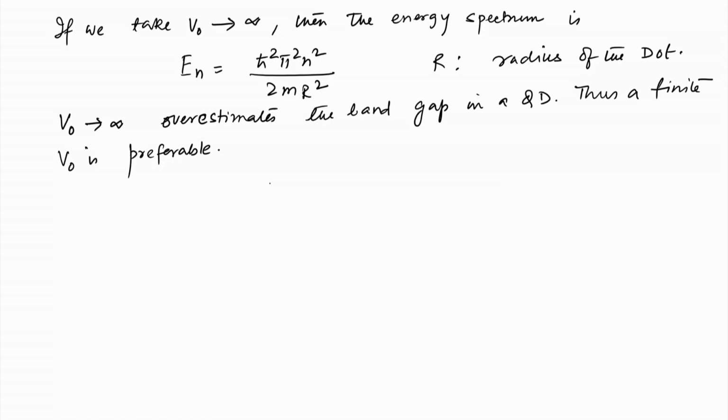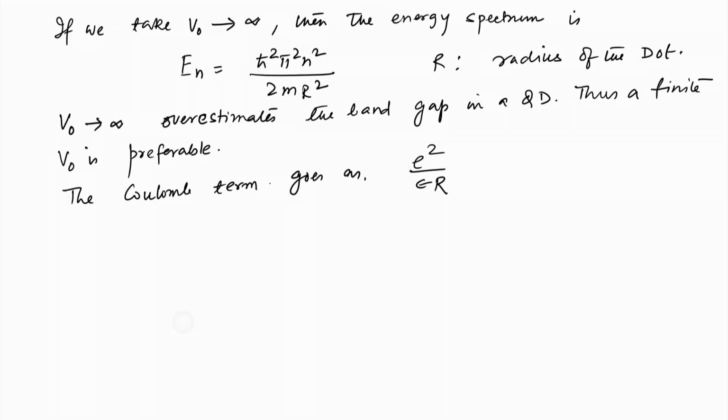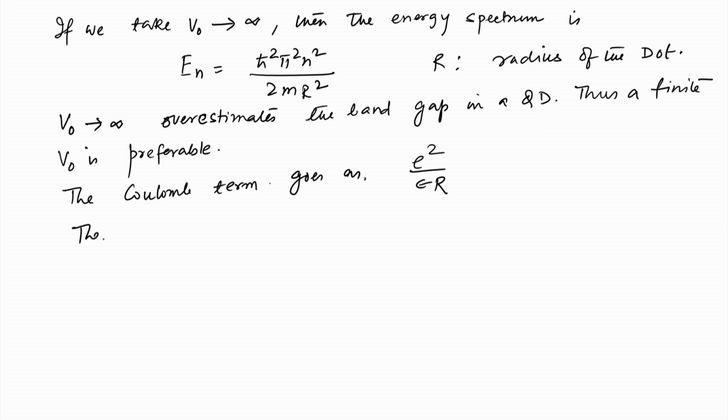And also the Coulomb term goes as e square over epsilon r. Nevertheless, whether you take V_0 to be large or some finite value, the confinement term, which is basically coming from the V_0 term, we will call it a confinement term.